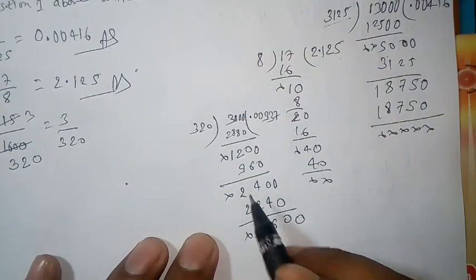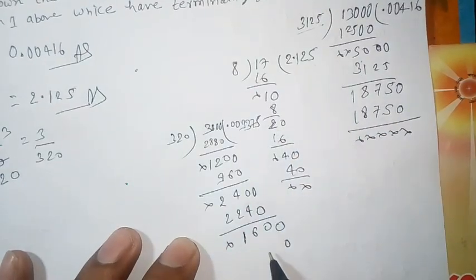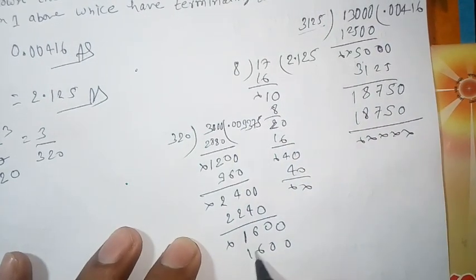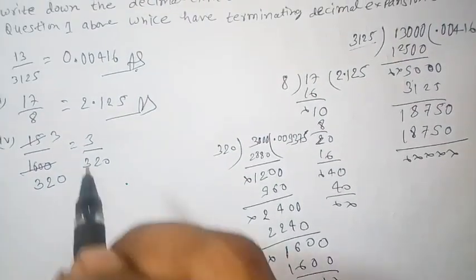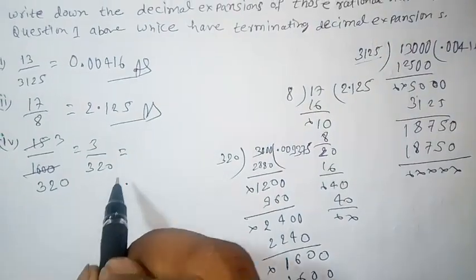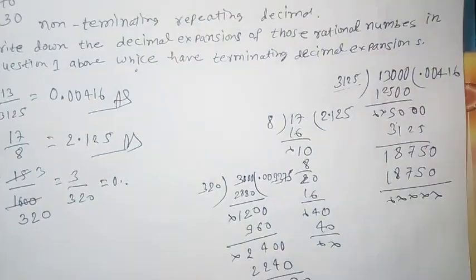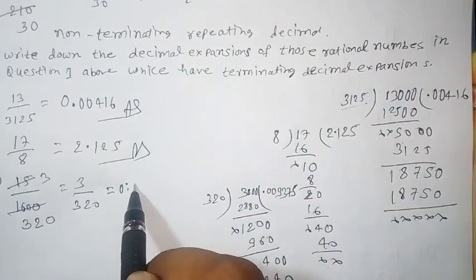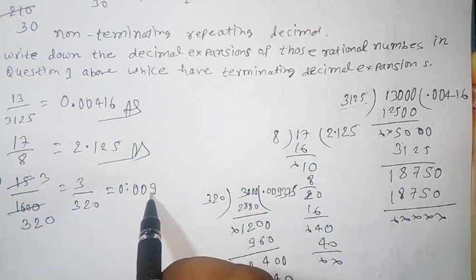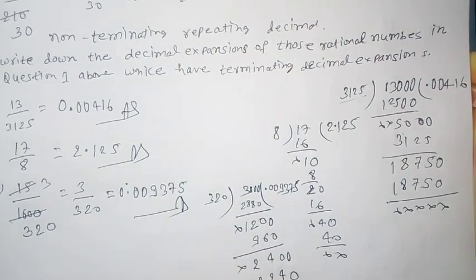Again 0, and 5 times 15. Now I am getting remainder 0. So here the decimal expression is, putting 0 before the decimal, 0.009375, answer.